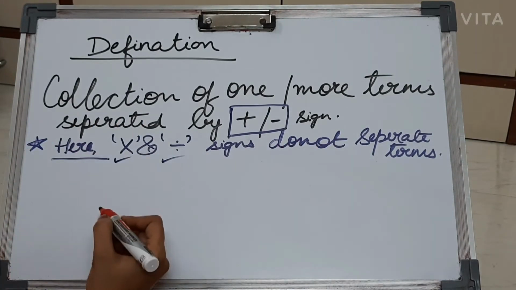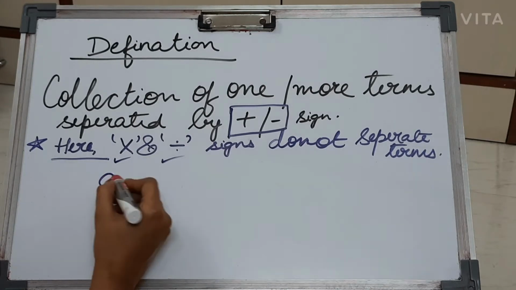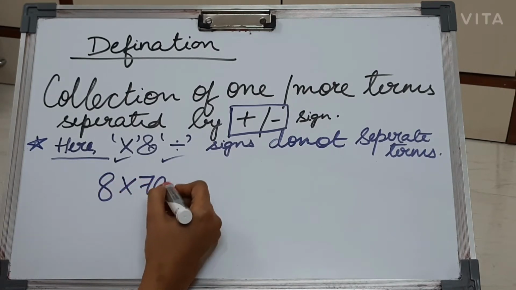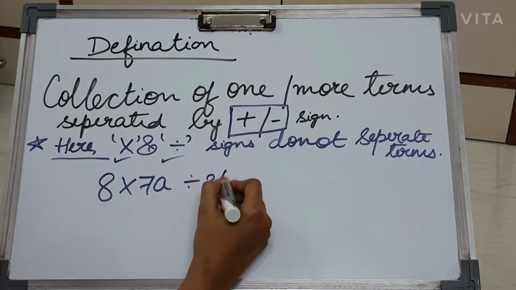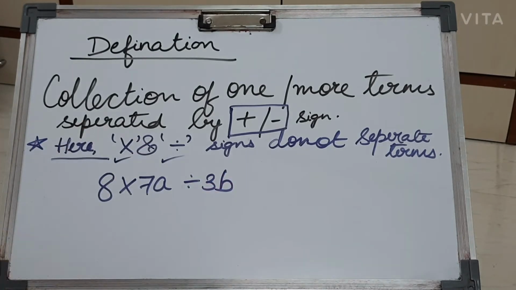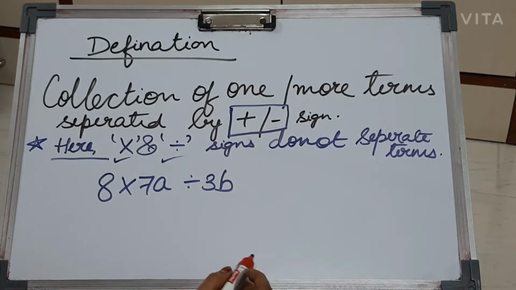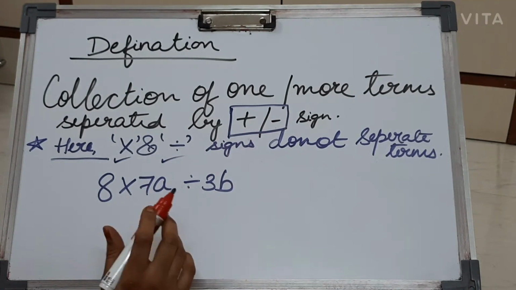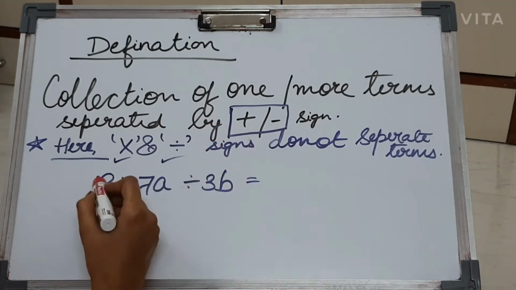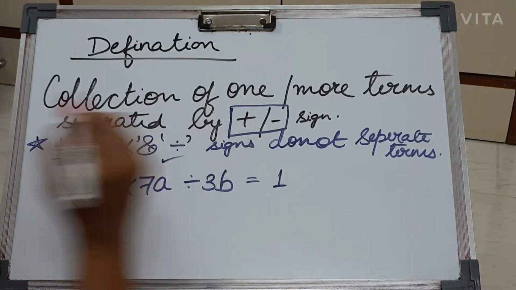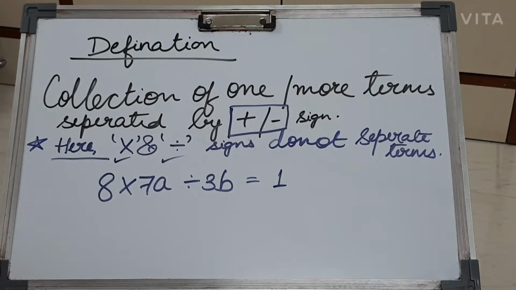Now how? Suppose I am taking one example as 8 into 7a divided by 3b. So how many terms are here? As I told you, only plus and minus signs we have to take into account, not multiplication and division. So how many terms are here? 1. Similarly, I will take one more example.